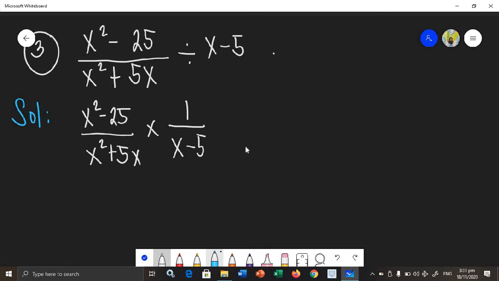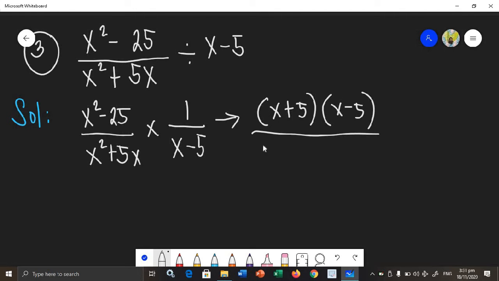So again, applying the rules in multiplication, we need to factor out the numerators and denominators. For us to factor this out, this is difference of two squares. So the factors are quantity x plus 5 and quantity x minus 5. Over this denominator, we can factor it out by finding the common factor of x squared and 5x, which is x, and then we need to divide it to each term in the binomial.